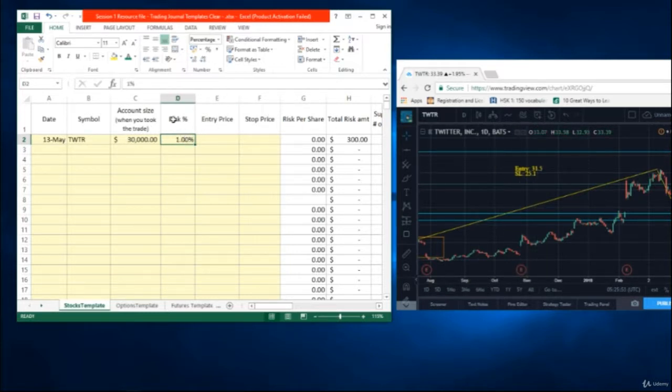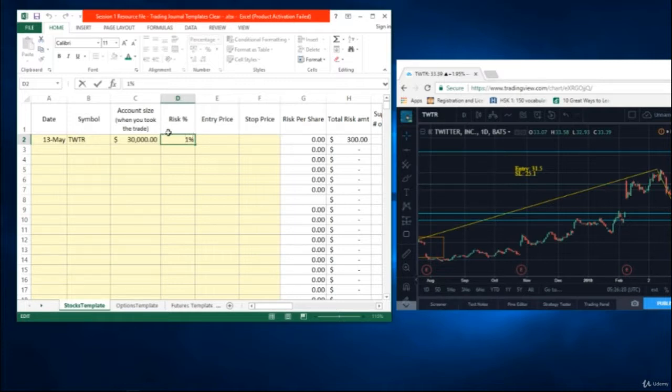When you say that you risk 1% of your total account size, that means you are willing to risk $300 of your total account, which is 1%. This is optional, but usually successful traders and bankers all around the world use the 1% rule.